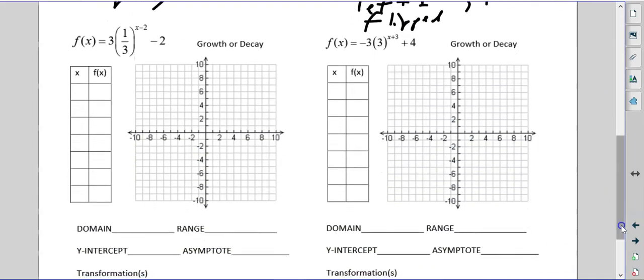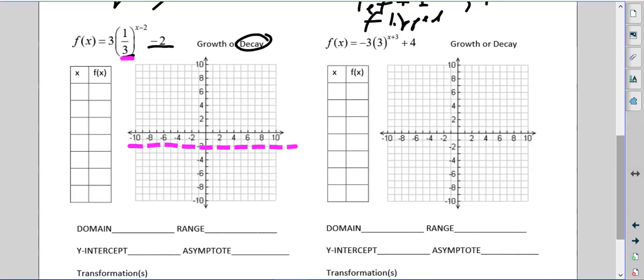All right, 2 more. All right, this one we have decay, 1/3. This is our asymptote again at -2. I'll try to make it a little straighter this time. Now, as I've told you before, when you're graphing this, you can easily just put in 1/3 to the x, just to get your parent function, then put this in the second one, just to see the transformations a little more obviously.